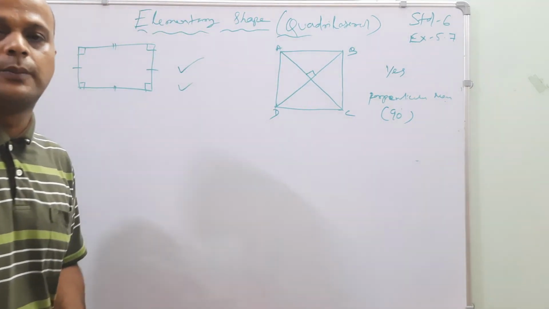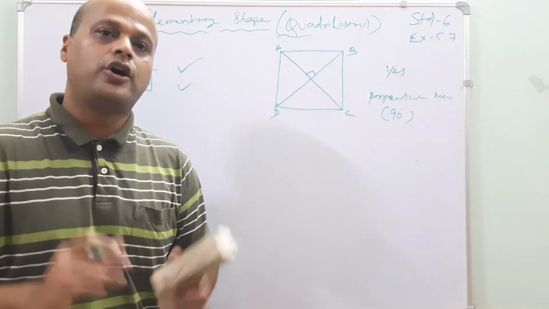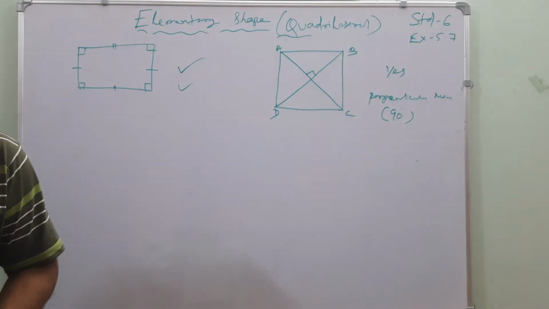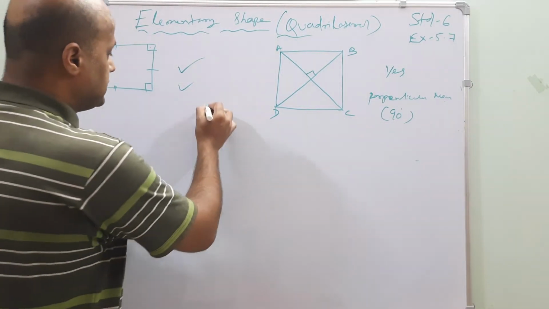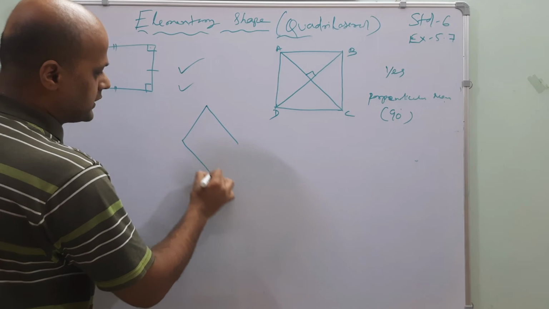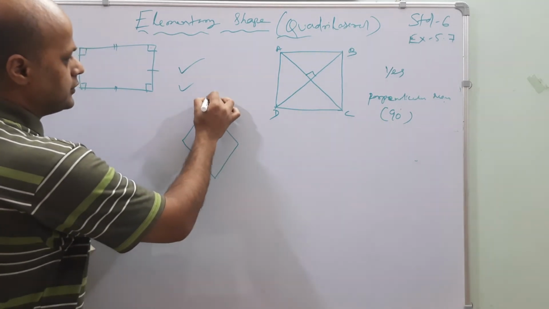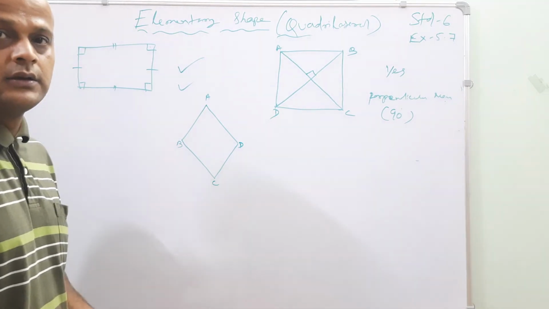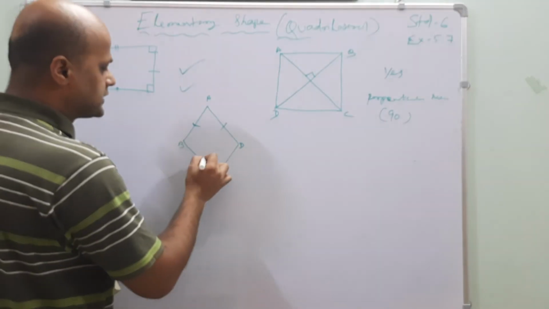Remember this one, the meaning of perpendicular is 90 degrees or right angle. Understood? Good, very good. Now tell me, all sides of a rhombus are equal in length. Rhombus. If you remember the funda, you can easily find out. All sides of a rhombus are equal. Good, very good. It's correct.